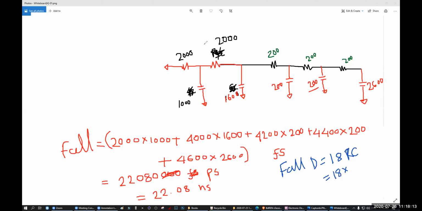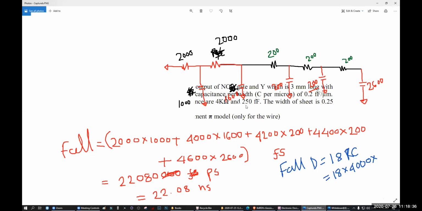What is R? R was 4,000. What is your C? C was 250, right?